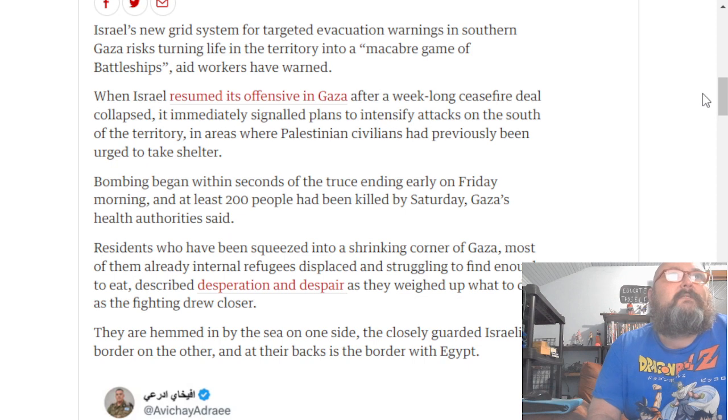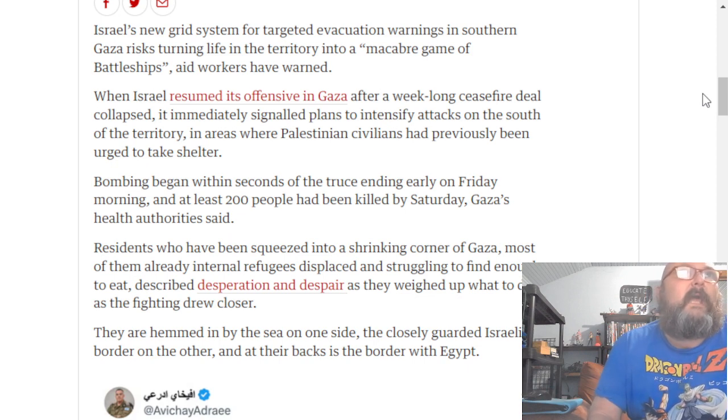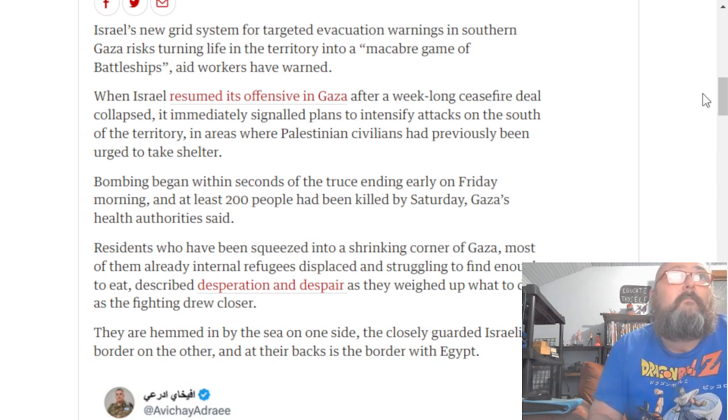When Israel resumed its offensive in Gaza after a week-long ceasefire deal collapsed, it immediately signaled plans to intensify attacks on the south of the territory in areas where Palestinian civilians had previously been urged to take shelter. Bombing began within seconds of the truce ending early on Friday morning, and at least 200 people had been killed by Saturday, Gaza's health authorities say.